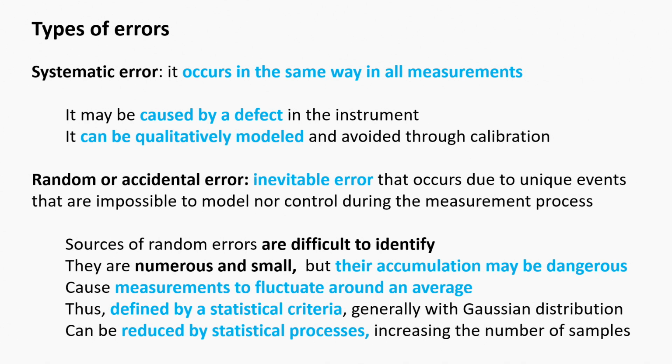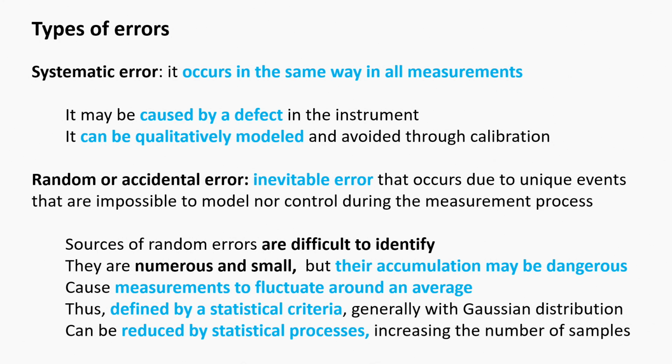If a random or accidental error appears, we have to say that it is normally an inevitable error. It normally occurs due to unique events that are impossible to model or control during the measurement process. The bad news about these random errors is that they are difficult to identify. On the other hand, they are small and numerous, so they can modify the signal to be measured importantly due to their accumulation.